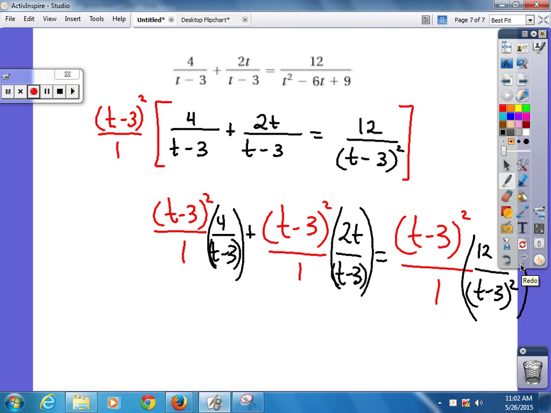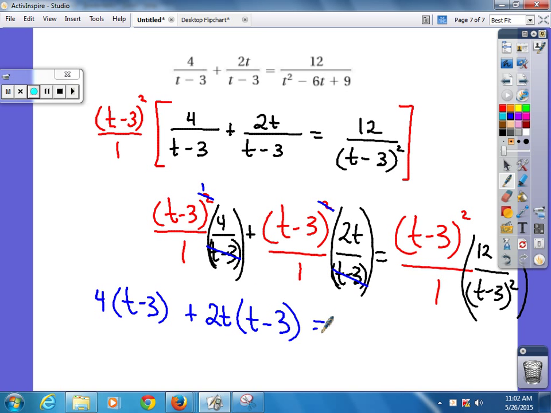And take our handy dandy blue marker. And that t minus 3 will cancel with one of these, and that'll leave t minus 3 times what? 4. Plus, that t minus 3 will cancel with that, and that'll be a 2t times t minus 3 is equal to, what happens to these two guys? And that leaves 12. And I would much rather work with this.